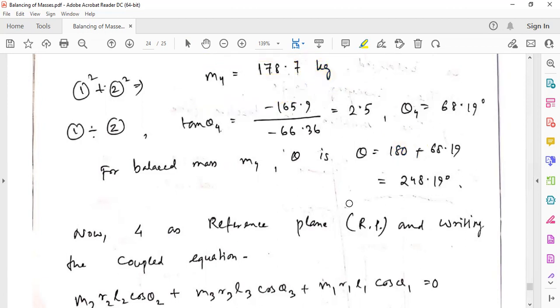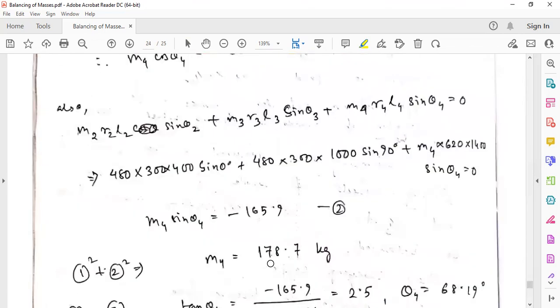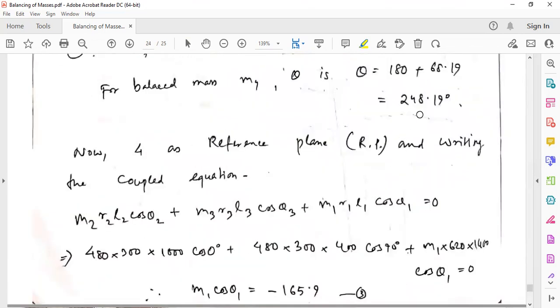So 248.19 degrees will be the total angle here. So to provide an equal and opposite force to this, we will provide a mass M4 at a distance of 620 mm and at an angle of 248 degrees with the horizontal.